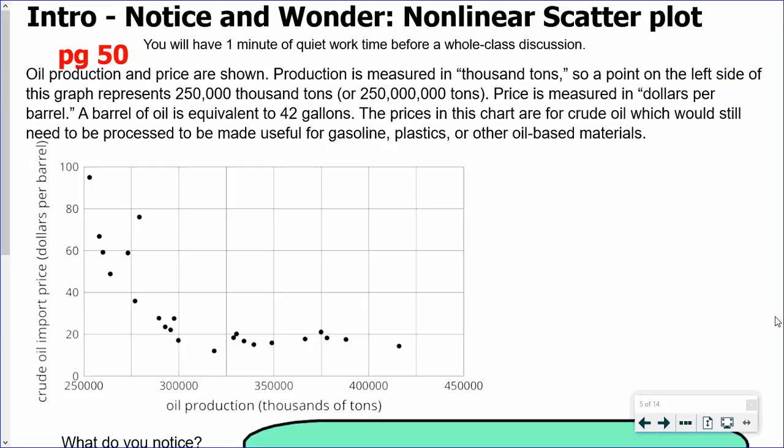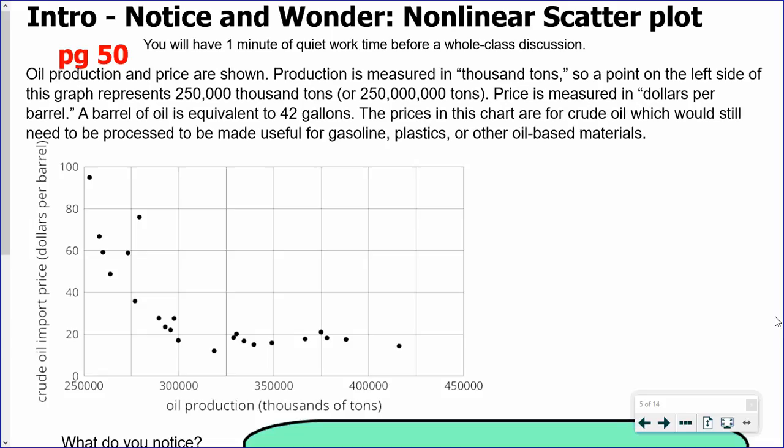Okay, at this point in time, I need you to turn to page 50 in your workbooks, and I'd like you to take a minute after we read through this together to complete the notice and wonder on page 50. A little bit of background about this data. It represents oil production and prices.